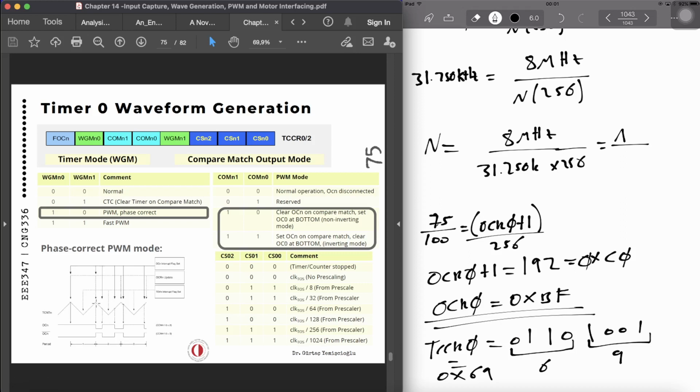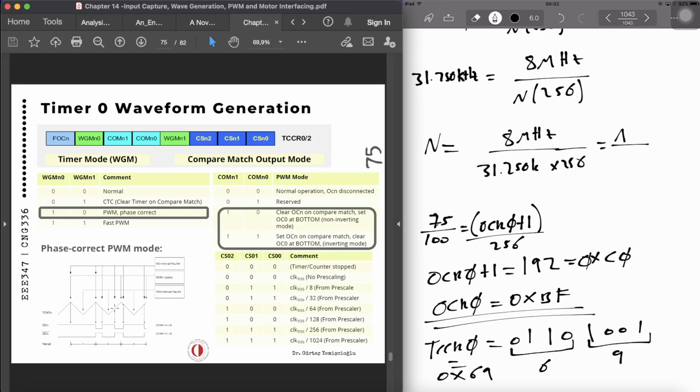Now, at this point, we go up again, okay? And now if we have got OCRn updated, and we also have OCn flag will be set. Now, when we are moving down, if there's an OCRn over there, then the interrupt flag will be set again, and OCRn will be updated. And over here, overflow will be updated.